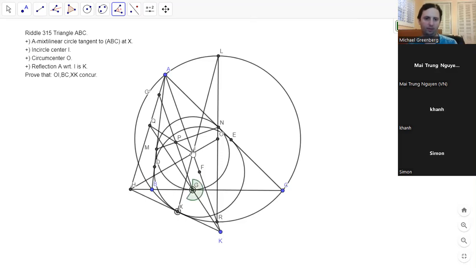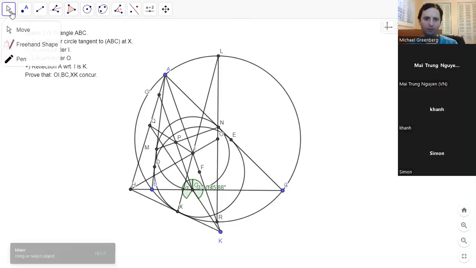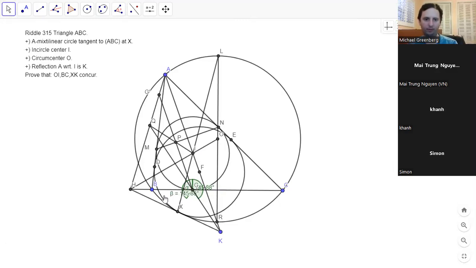Is it the same as showing that this angle IGX equals IGK? I don't think that's. Oops. Okay, so we want to show angle KGI equals angle KGX.